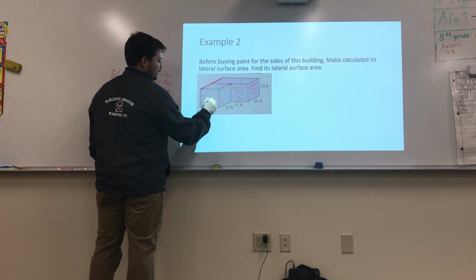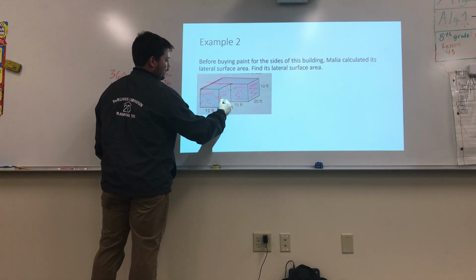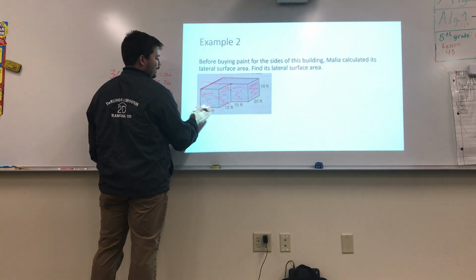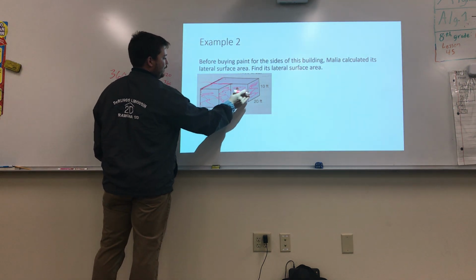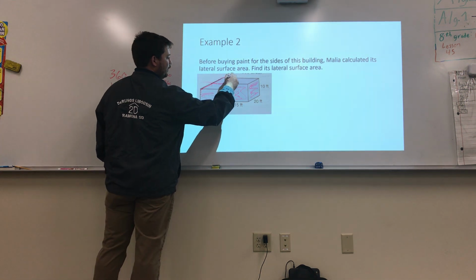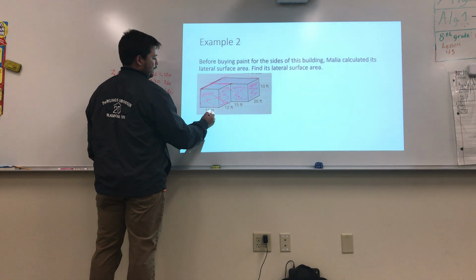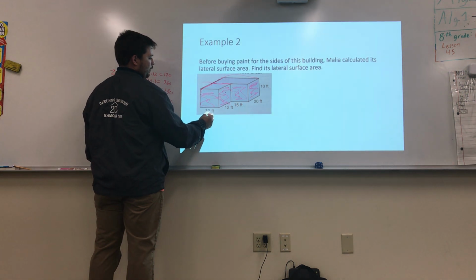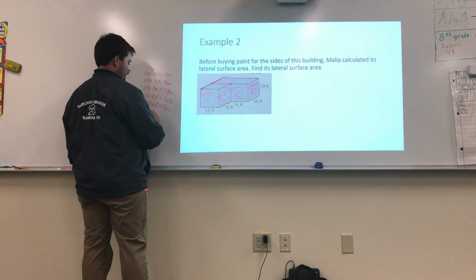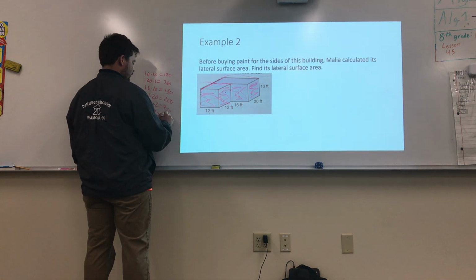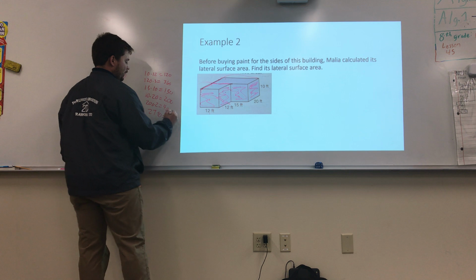I have this done, this done, this done. So I've got the back, this front, this one, this one, this one. The only thing I've got left is right here. That is going to be 15 plus 12, which is 27, and it's going to be 10 feet high. So I'm going to get 270.